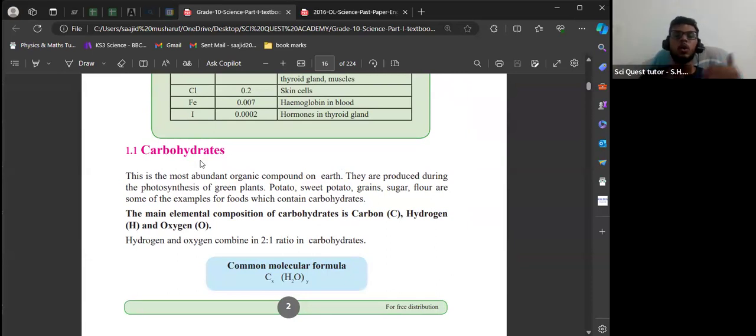Now, let's say the whole topic is about 10 pages, you don't need to study the 10 pages. I know when students see the amount of pages, they count the pages and they get stressed about their exams and term exams. The reason is that it's not about learning the number of pages. It's about learning the concept in a very simple way.